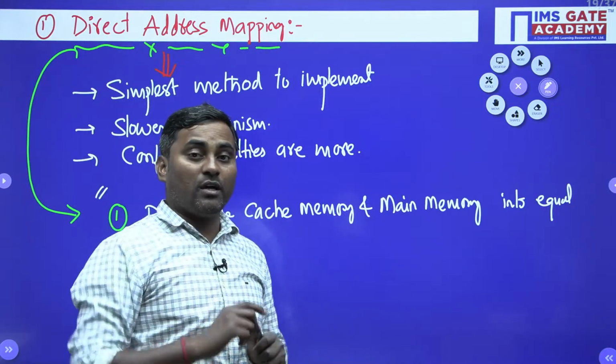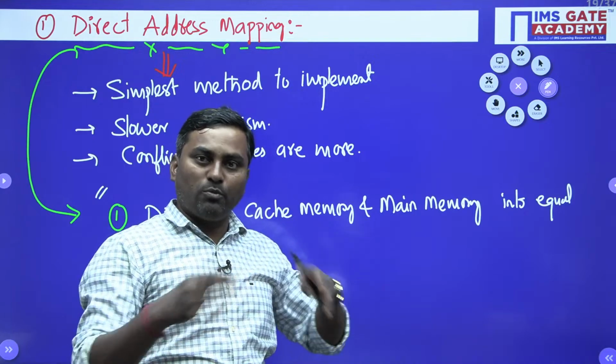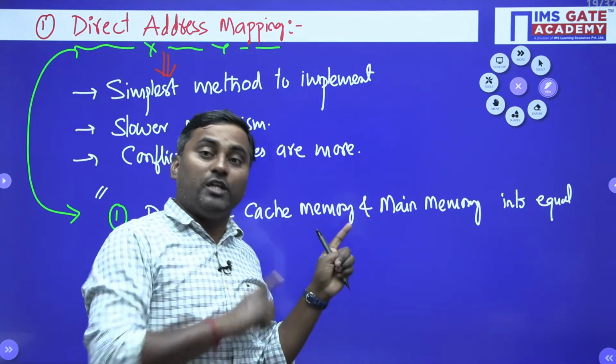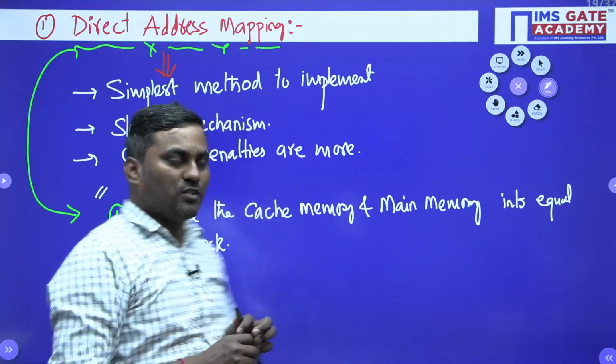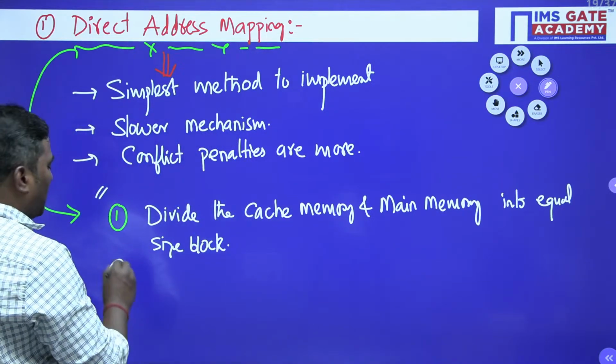So that is the memory organization. Main memory and cache memory you have to organize into blocks, equal sized blocks. Both memories you have to make into blocks of equal size. This is step number 1.